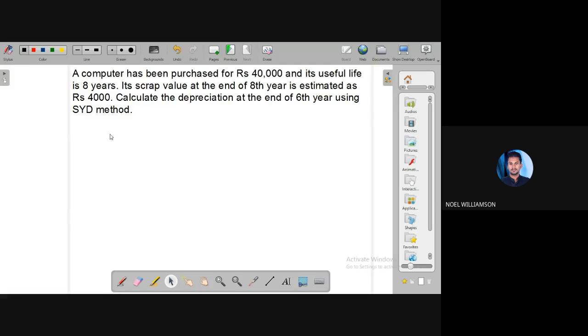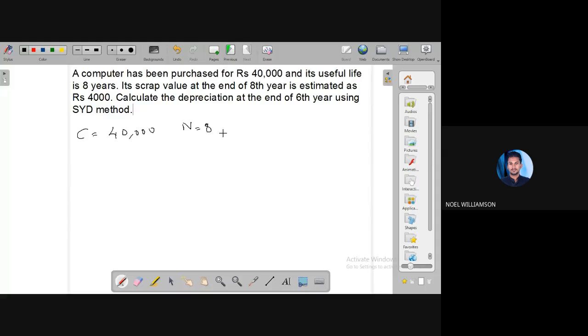Okay. So here it is given, a computer has been purchased for rupees 40,000. So a computer is being purchased for 40,000. That means C equal to 40,000. And its useful life is given, N equal to 8.